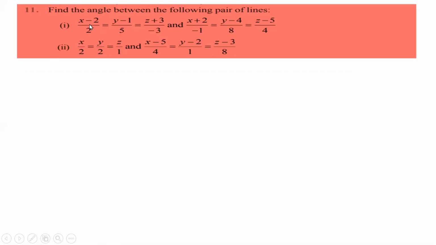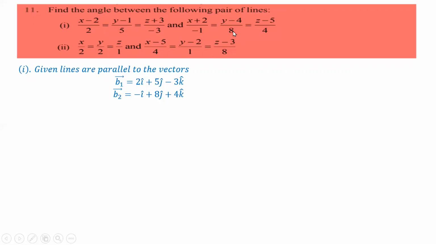So the first line is parallel to 2i cap plus 5j cap minus 3k cap, and the second line is parallel to minus i cap plus 8j cap plus 4k cap.